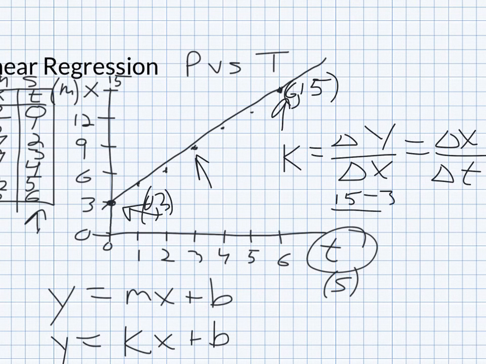That's our delta y, or in this case, delta position, which is really a delta x. And then we have our 6 minus 0, which is our delta t, equal to 15 minus 3 is 12 over 6. That's a slope equal to 2. And I'm going to come back down here, put it in.